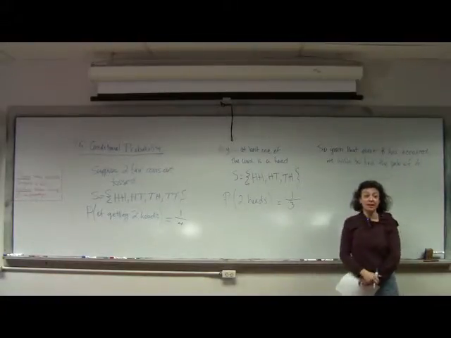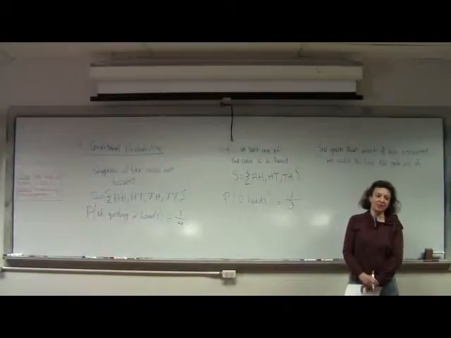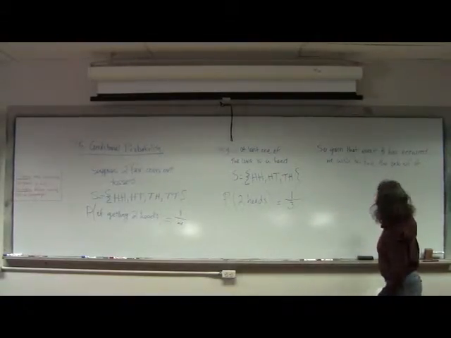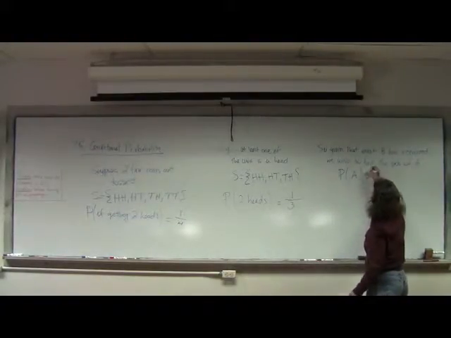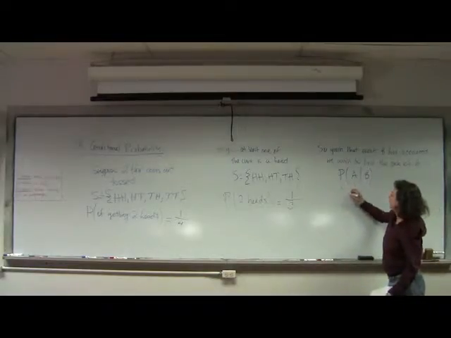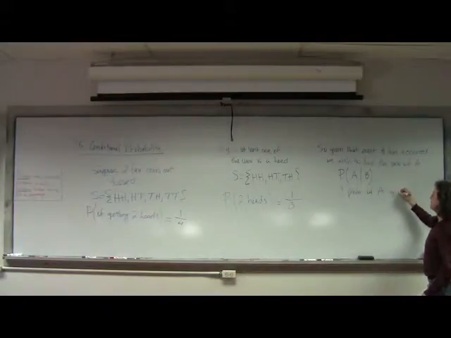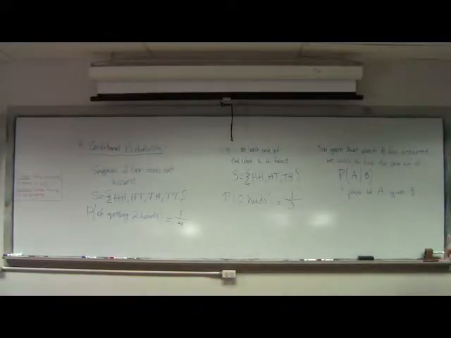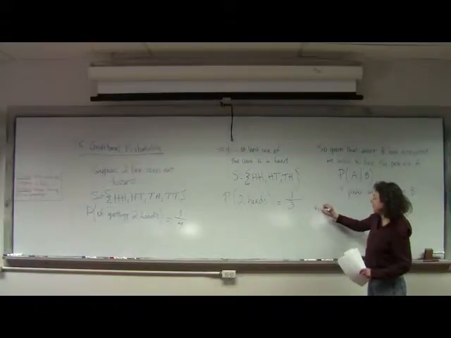Now, your book uses a lot of notation for this. I tend to write everything out in English because in real life, things are given to you in English or whatever other language as opposed to just symbolically. So the way that's written is we want to find the probability of A, slash B, and that slash means given B. Essentially, what's going to go on is the following.